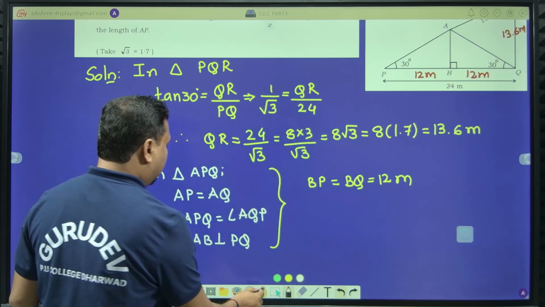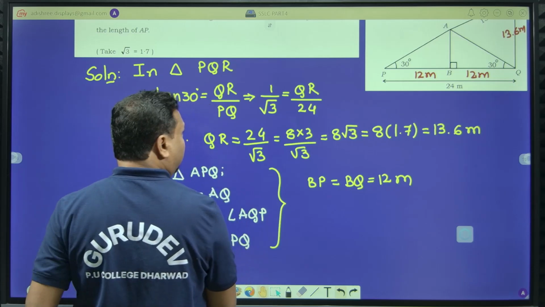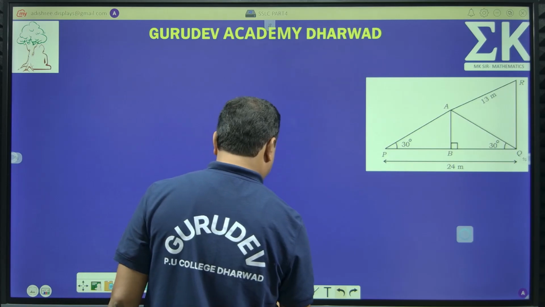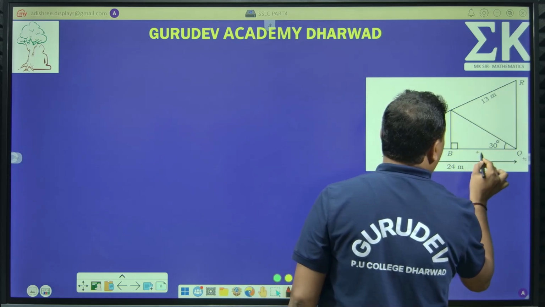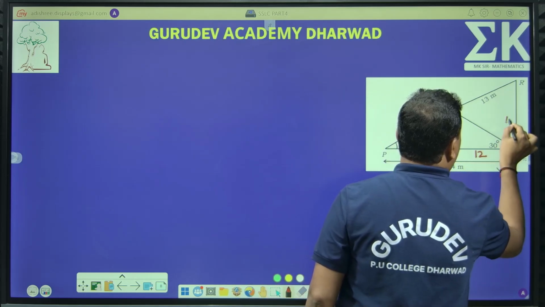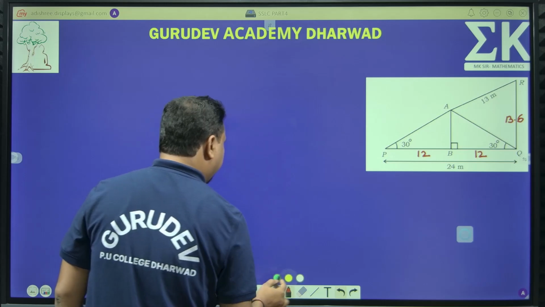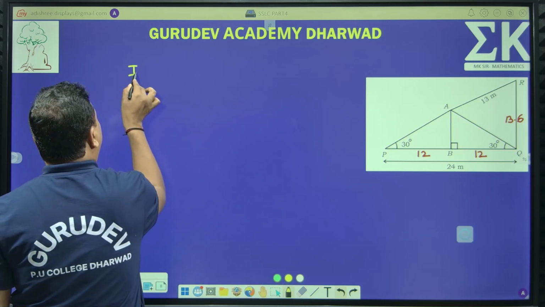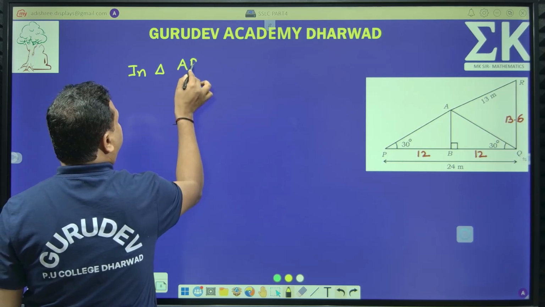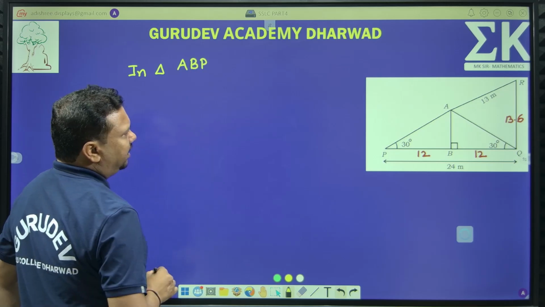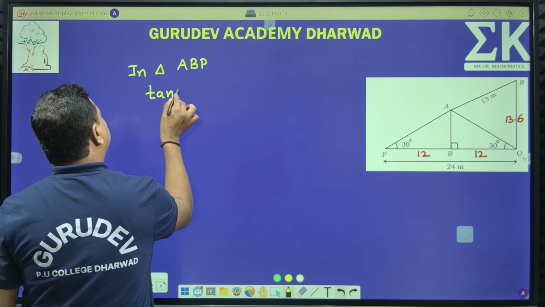Now I will take care of 12, 12, 13.6. Please note 12, 12, 13.6. I'll write here 12, 12, 12. This we have calculated as 13.6. Now the question is how to find AB. To find AB, I'll take the help of the triangle ABP. What is tan 30 degree equal to?